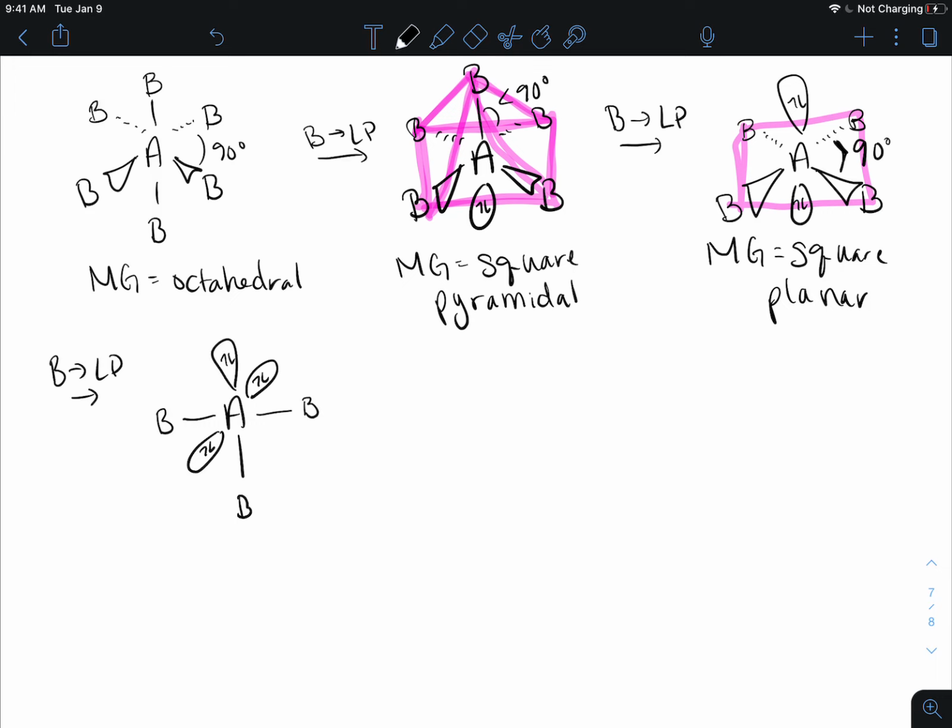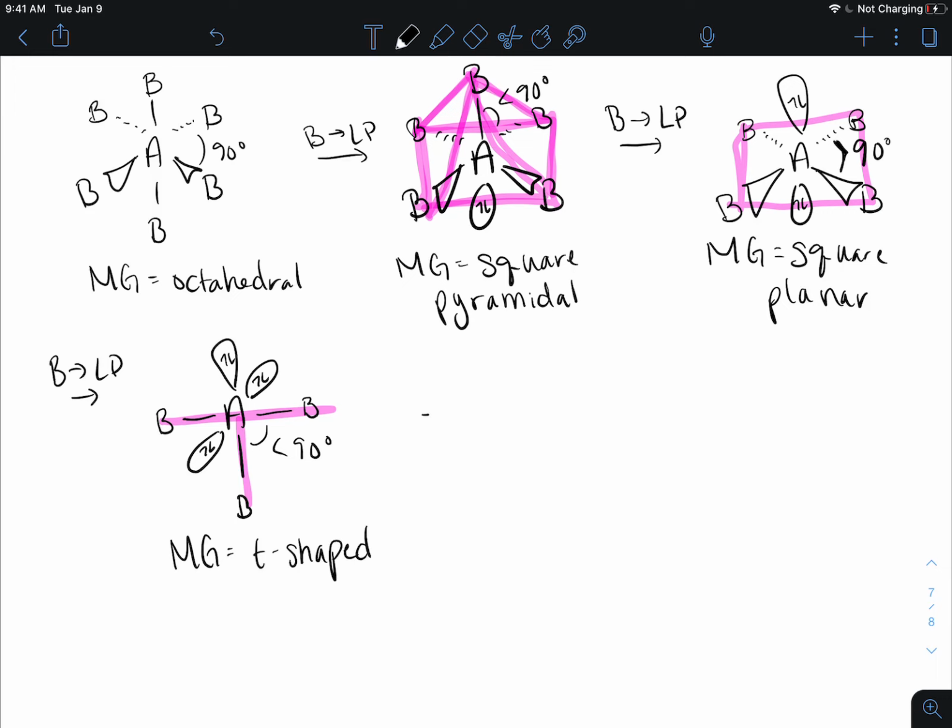And here we are going to have less than 90 degrees. And what we get is a T-shaped geometry. So our molecular geometry in this case is T-shaped.